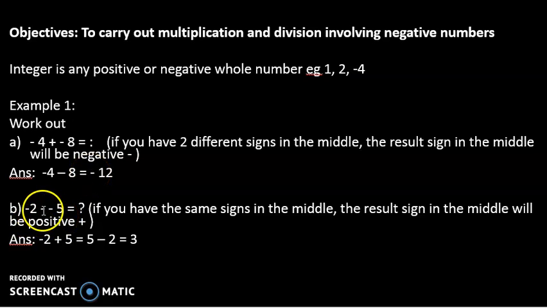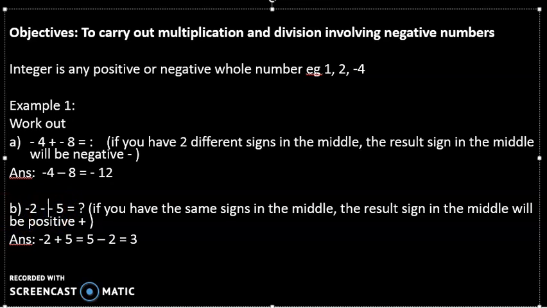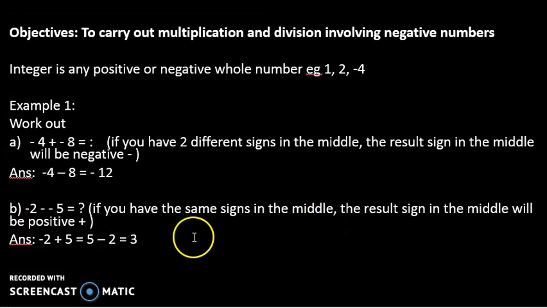If you have the same sign in the middle, this is minus and a minus, what do we get? The result will be a positive, a plus sign in the middle.